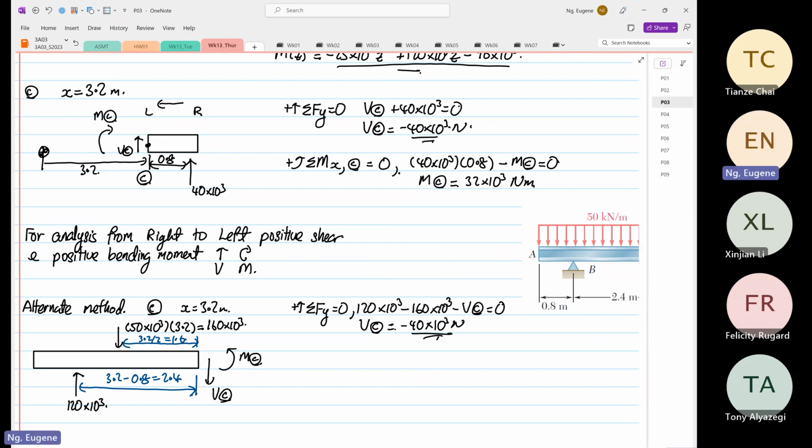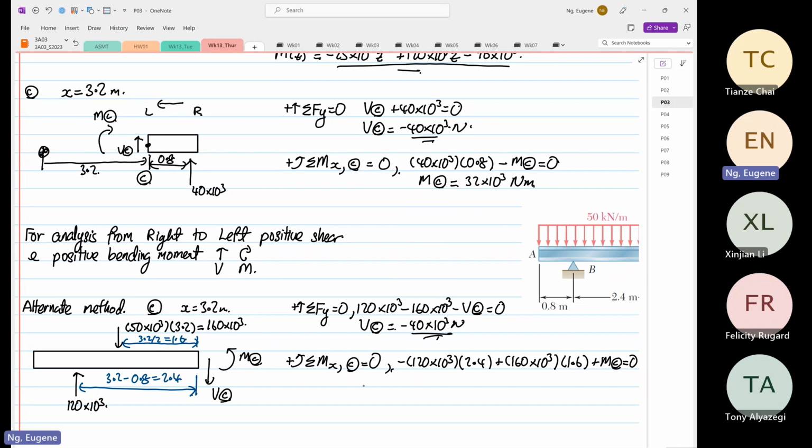Right? So now you take your moment exactly at point C is equal to 0. So you have minus 120 times 10 to the power 3 multiplied by 2.4 plus 160 times 10 to the power 3 multiplied by 1.6, then plus the moment at point C, the whole thing is 0.